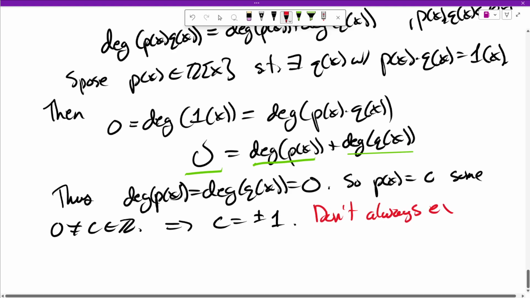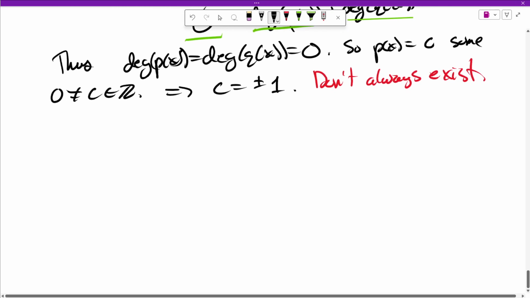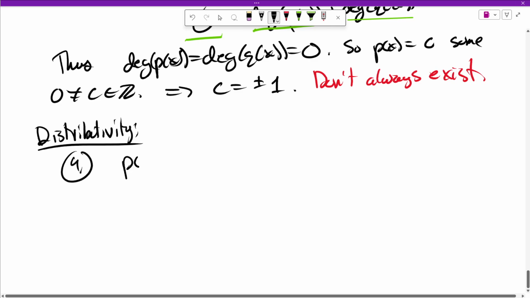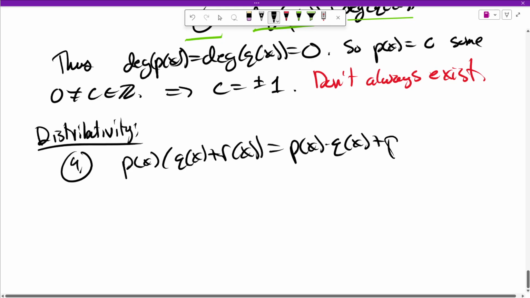And in the interest of time, we're going to just wrap up the last two and then wrap up the point. Distributivity. Called this 9. So that would be p times q plus r. We'd have to check this. It's kind of a nightmare. It is p times q plus p times r.